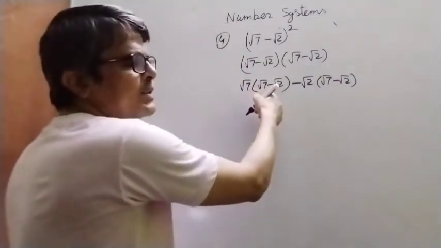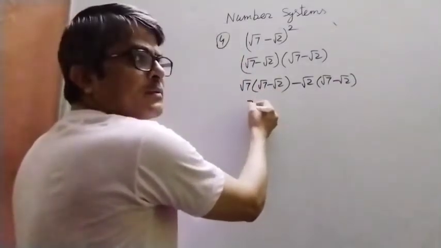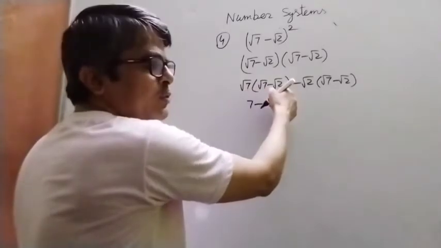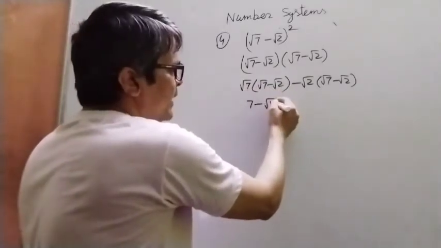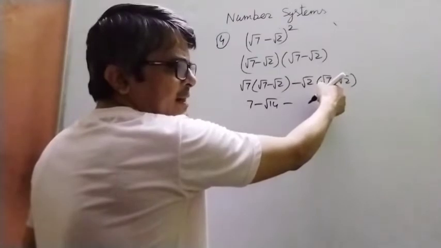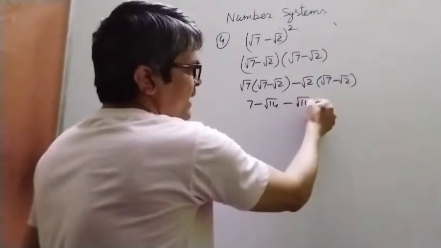Root 7 into root 7 is 7. Root 7 into root 2, okay. Root 2 into root 7, minus will be the sign.